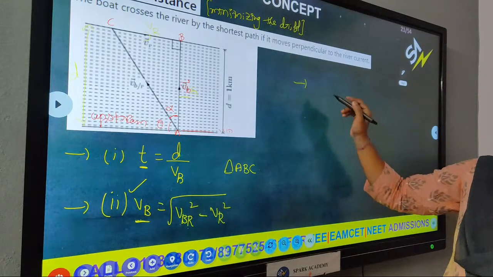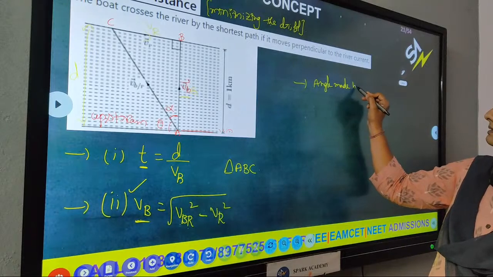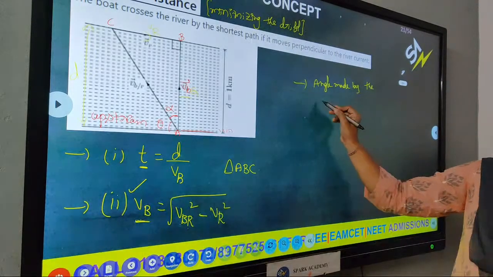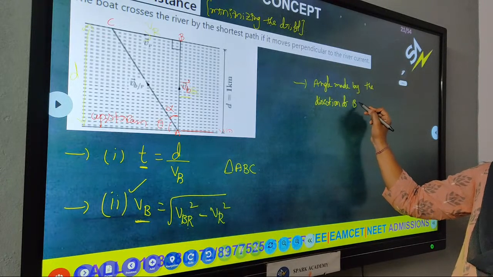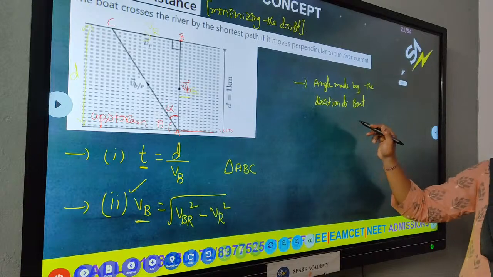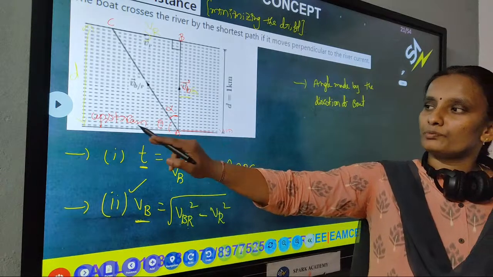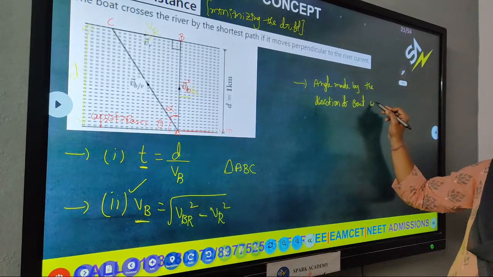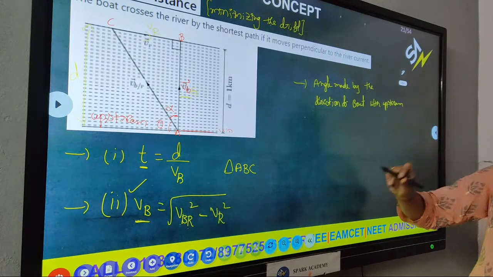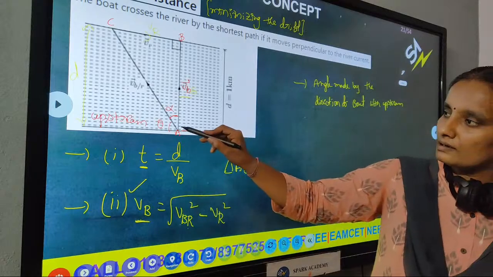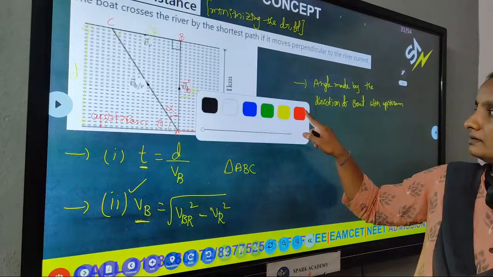And next, they can ask what is the angle made by the direction of the boat. First we find this one. Theta is the angle made by the direction of boat with upstream. So from the same triangle ABC, with upstream means here we are considering this angle.